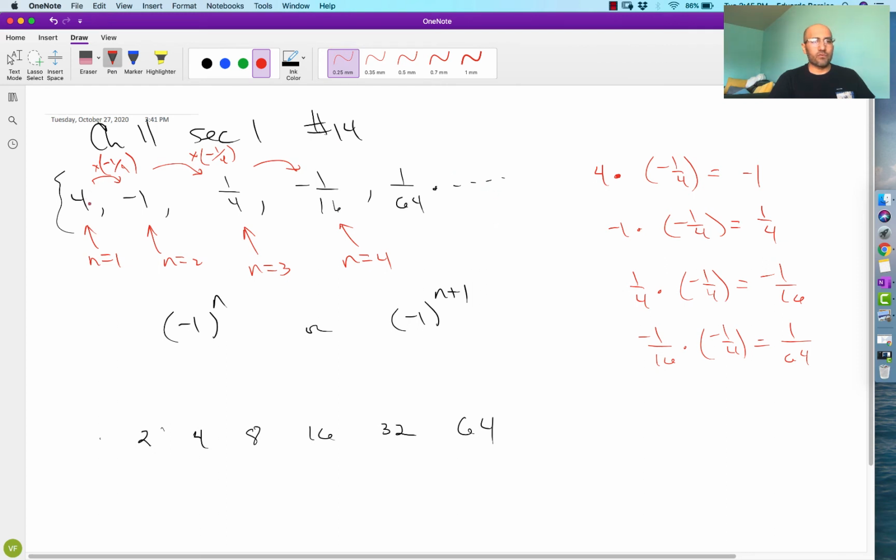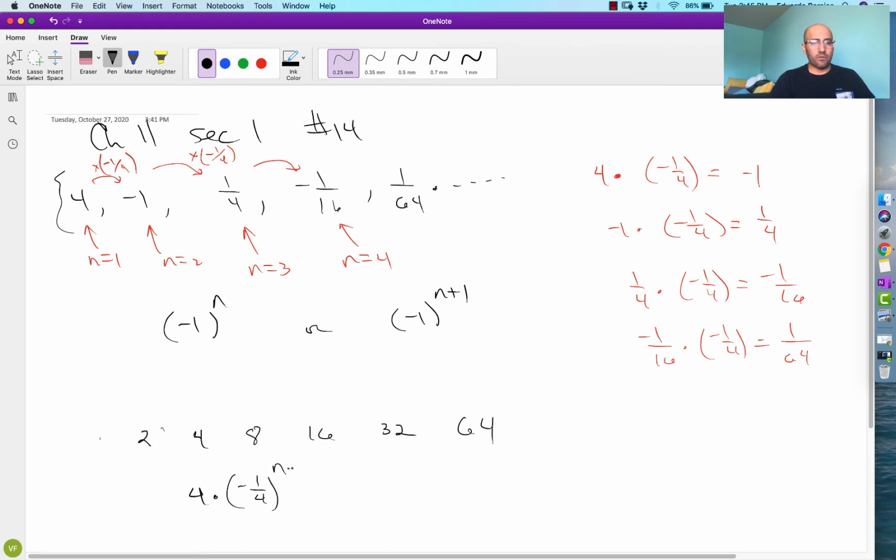Okay. So we start off with 4. And then we're going to multiply by various powers of negative 1/4. Let's just test these out. So if n equals 1, this would end up with this one as the first one.